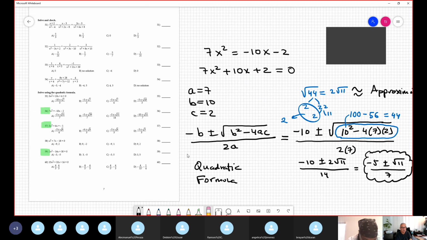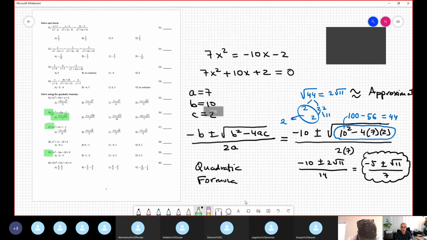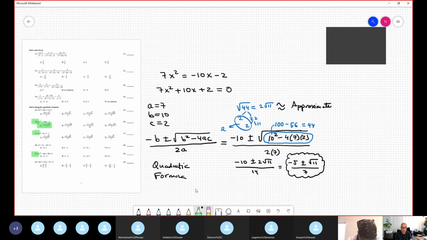Negative 5 plus or minus radical 11 over 7. It's like option A. Any questions? What part don't you understand so far?